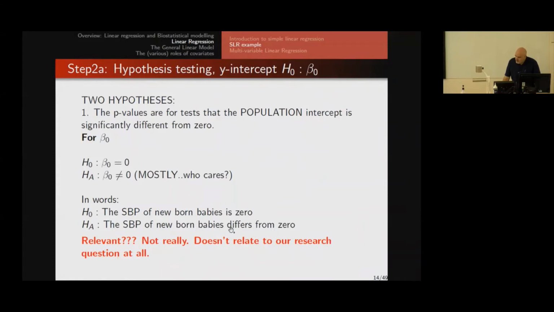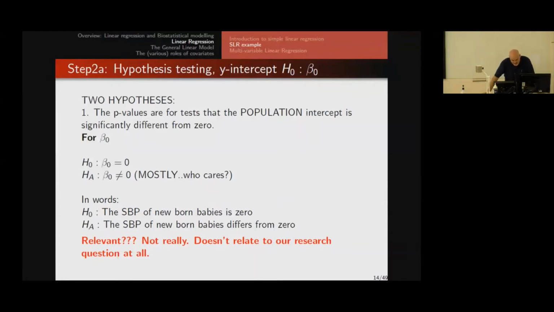Now, the very important point is that's just a stupid question to ask for two reasons. Even with newborn babies, would we expect their systolic blood pressure to be 0? Not at all. So it's just not a sensible hypothesis to test.